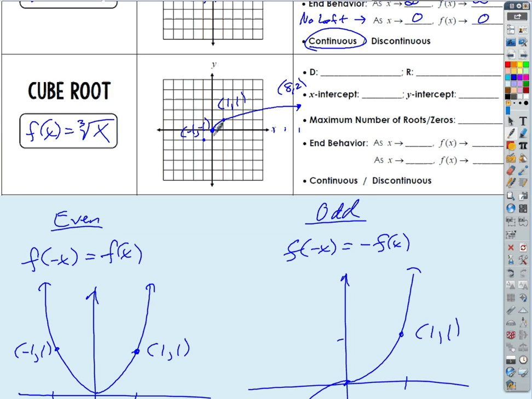And then what's another convenient point? Negative 8. What's the cube root of negative 8? Negative 2. Okay, so we'll go back 6, 7, 8. We'll go down to there. What kind of symmetry does that appear to have? Yeah, odd rotation. Yeah, it's rotational, isn't it? Right?